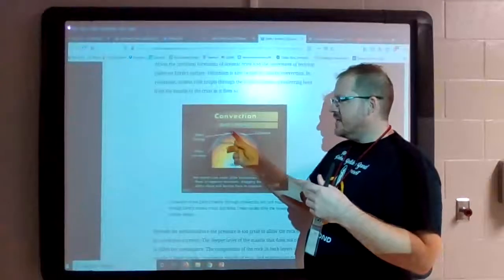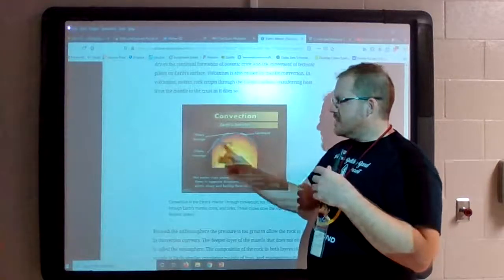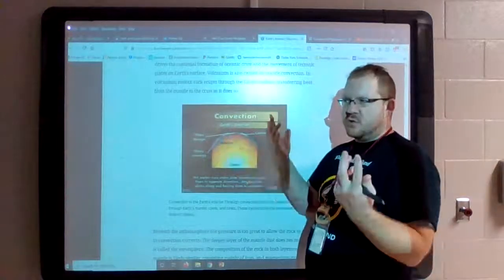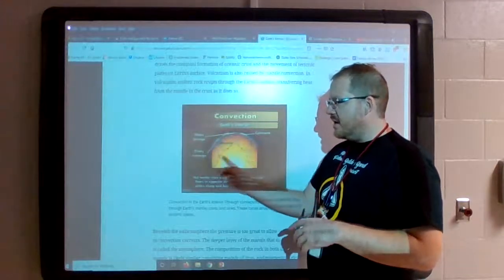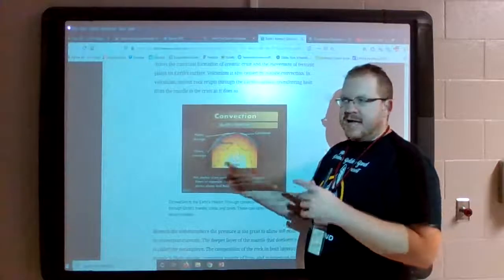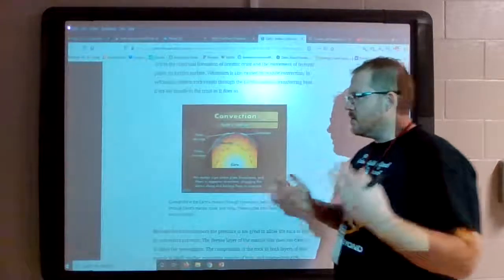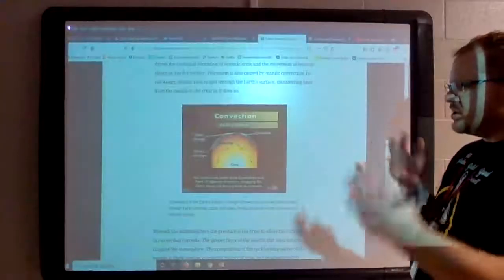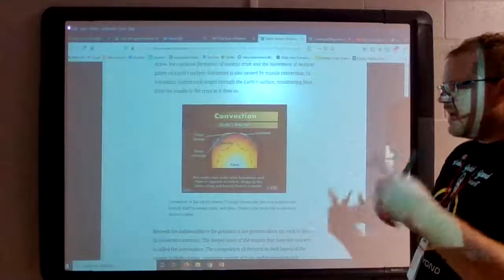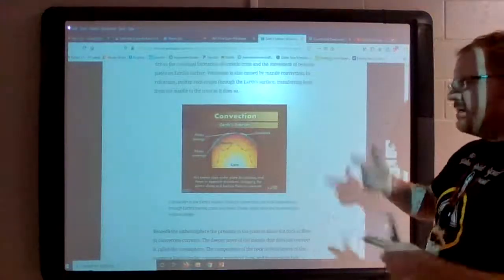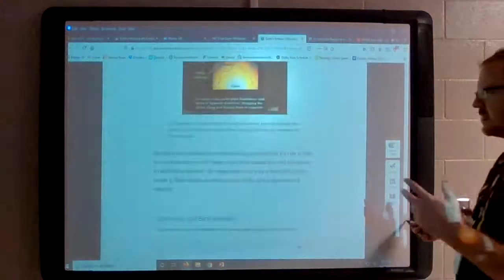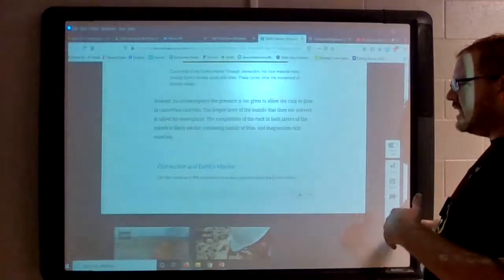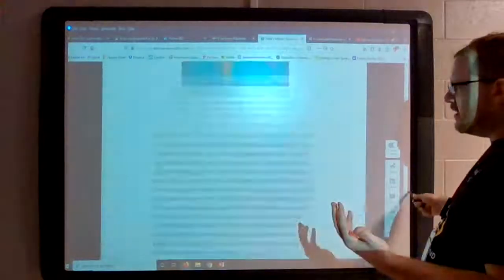And so it's going to rise up to the surface, and your cold stuff that was just up near the surface that has cooled down a little bit is going to sink down. And so we have these large convection cycles that rise and fall, just like hot liquid in a coffee cup. As it cools and gets heated by the cup, it's going to form this kind of convection cycle. So we've learned about that before. That's not a new concept, but it works on a large scale inside the Earth.